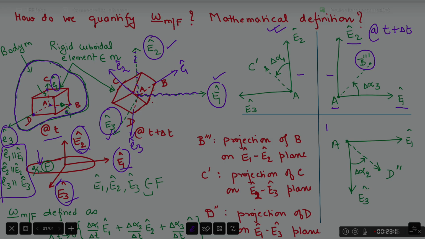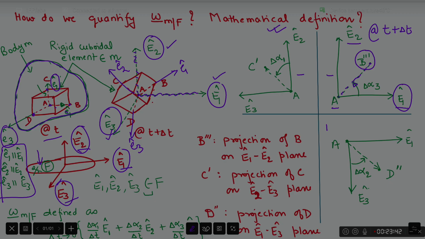Once I identify the projection of B on this plane, I connect B triple prime with A. I get a straight line and I denote this angle as delta alpha 3. So delta alpha 3 is a small angle that AB triple prime is making with the E1 direction.